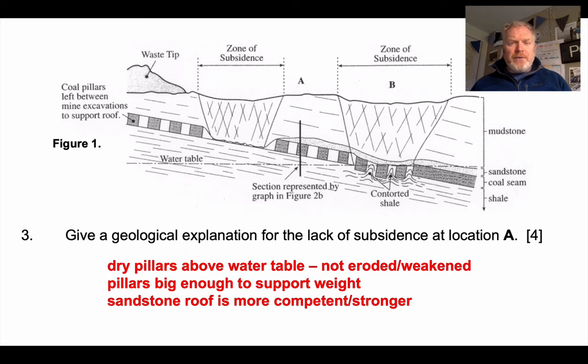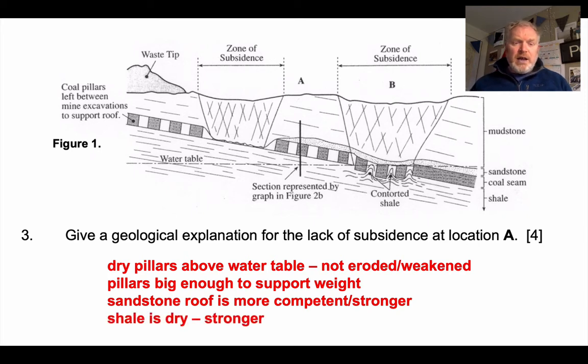There's also a roof of the mine here of sandstone. And this sandstone, which we can see from the graph, is stronger. It's much more competent than the mudstone. So if we've got a sandstone roof, that's going to be stronger. Clearly, the zone of subsidence to the left of location A doesn't have that sandstone roof, which is one of the reasons the rocks there have collapsed.